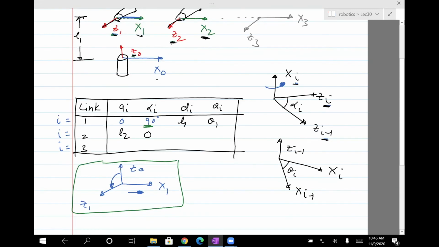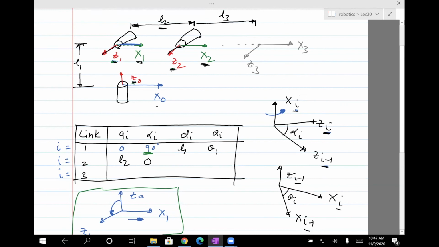Okay, next I put i equals 2 in here. So the distance or angle from x1 to x2 along z1. The distance between this axis and this axis along z1 is going to be 0, because when you look at it from the left, as I've shown it there, that is going to be parallel, so 0.